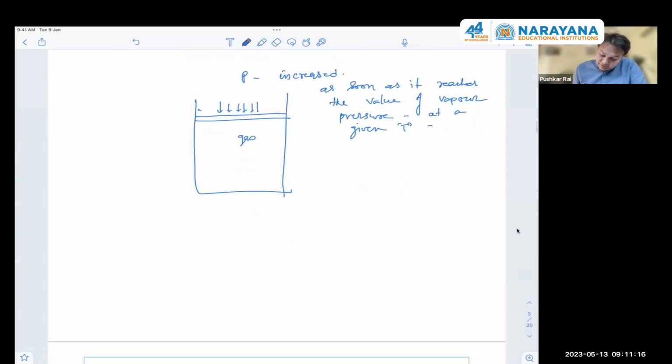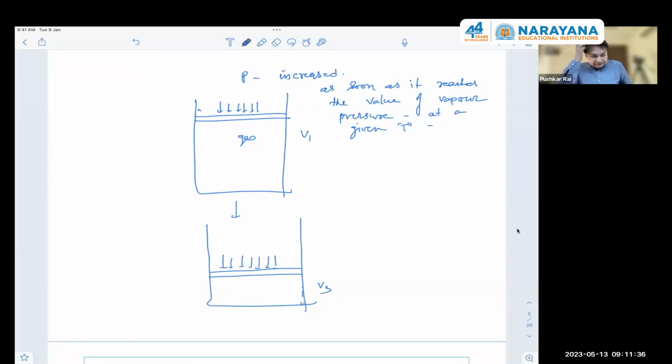Bang. All of a sudden, this piston collapsed. Since you're interacting, I'm very encouraged. Why did it collapse? All of a sudden, the volume was changing from V1 to V3. Because of liquefaction. And we know that liquefaction leads to a very sharp decrease in volume.